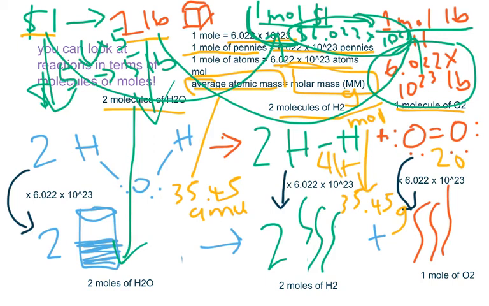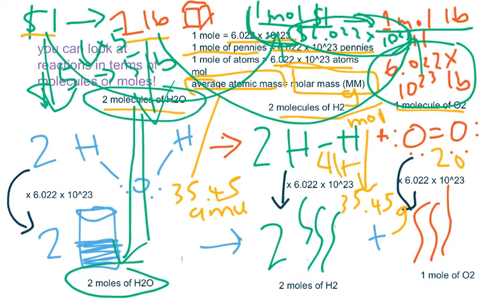So note how 2 moles of H2O come from 2 molecules of H2O when you multiply by 6.022 times 10 to the 23rd as shown here.